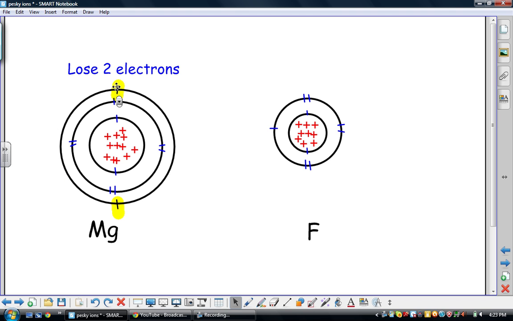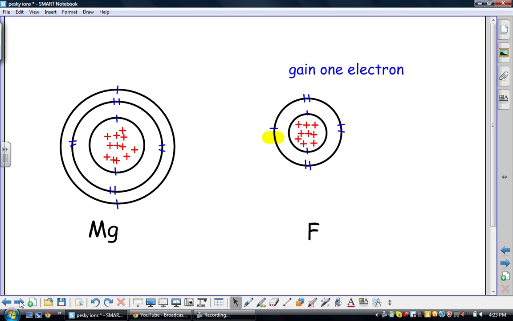So let's make that happen. There goes one. There goes the other one. And there goes the outside energy level. Now it has a full outer shell. Let's talk about fluorine. Fluorine could lose all 7 of those electrons, or it could just get 1.